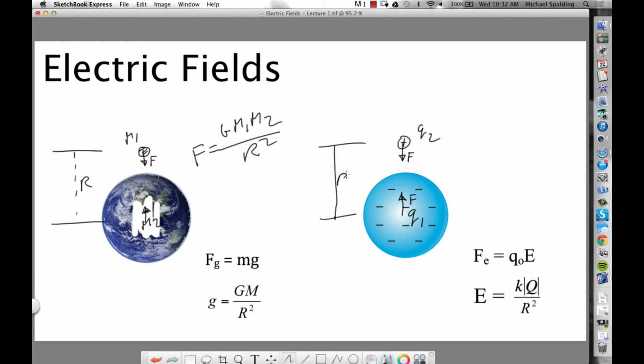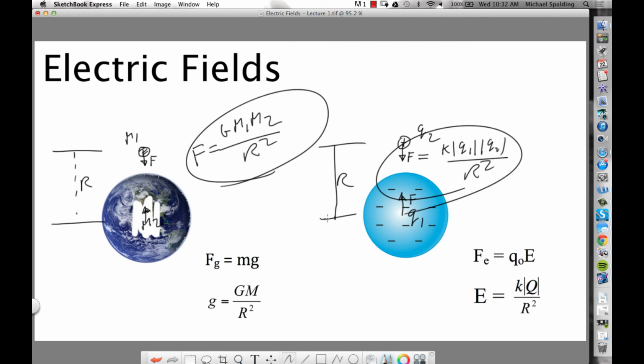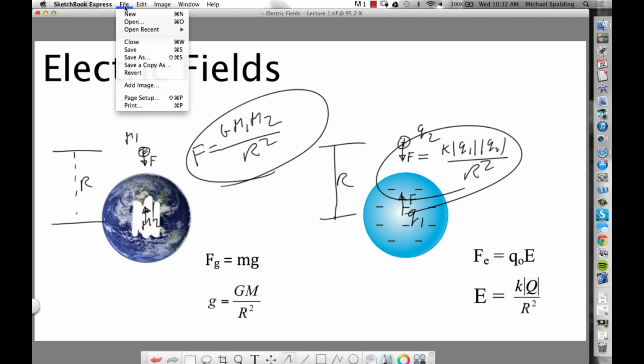The distance between them is R. What's the equation for finding that force? K, Q1, Q2 over R squared. So you should recognize that these two equations are basically the same equation, right? They're basically the same.